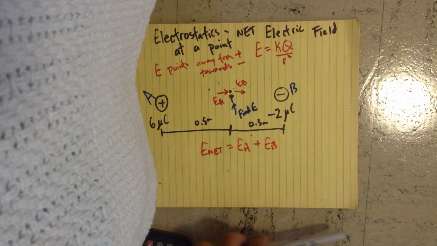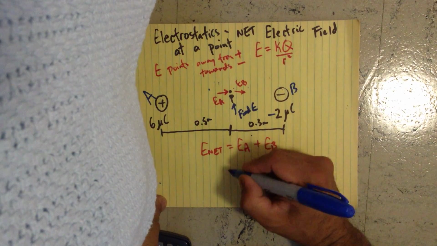When we go to plug that into our equation, we're going to drop our negative signs again, like we did with forces, because we're qualitatively assessing the direction of the electric field.